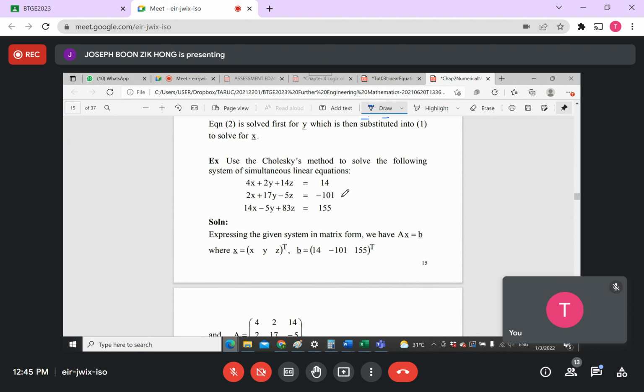Now we use this Cholesky method, which is LLT decomposition, to solve this one. We know A, and we already checked that it is symmetric and positive definite.